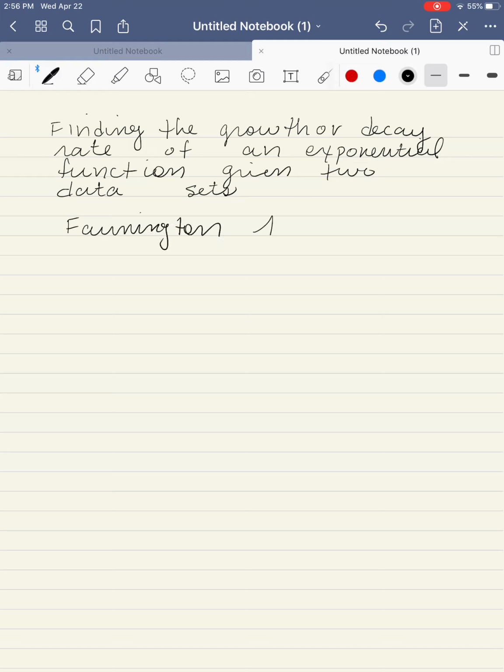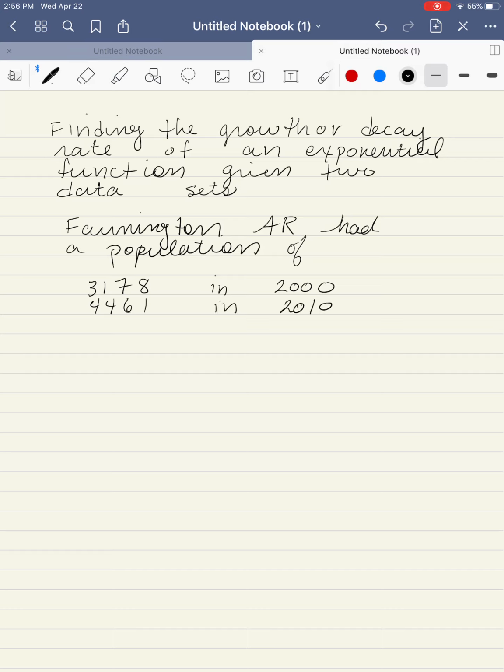So for instance, the city of Farmington, Arkansas had a population of 3,178 people in the year 2000, and it had a population of 4,461 people in the year 2010.